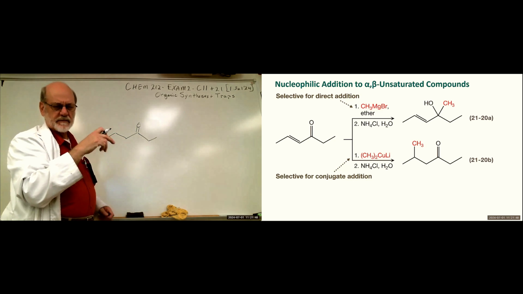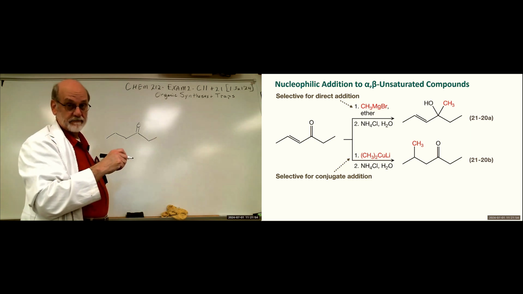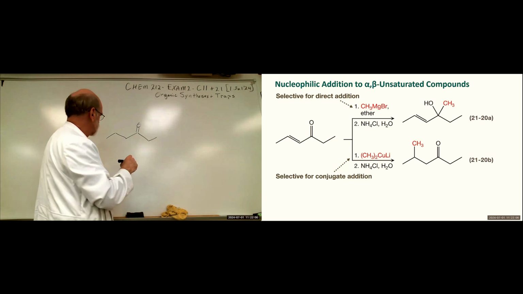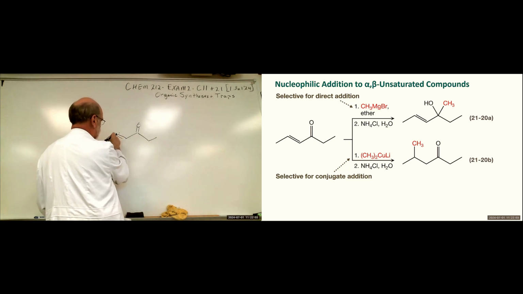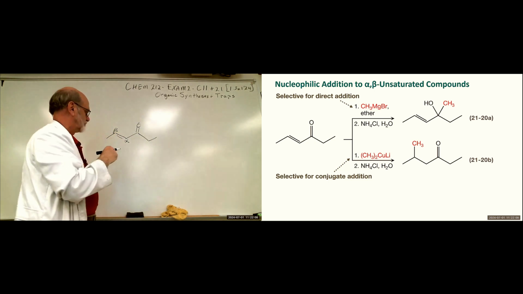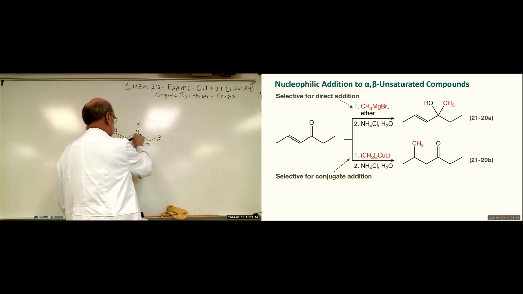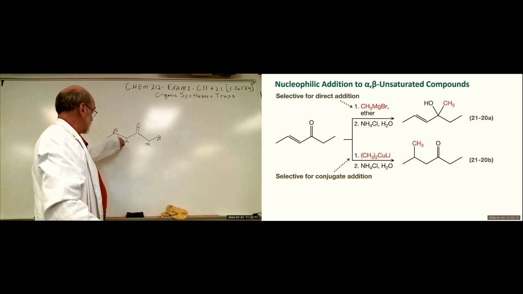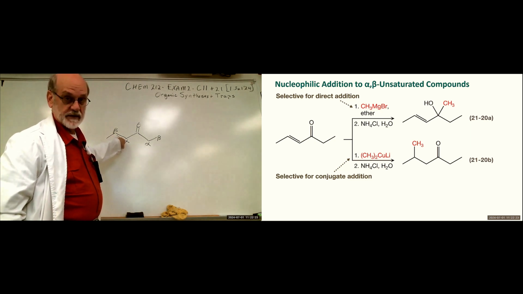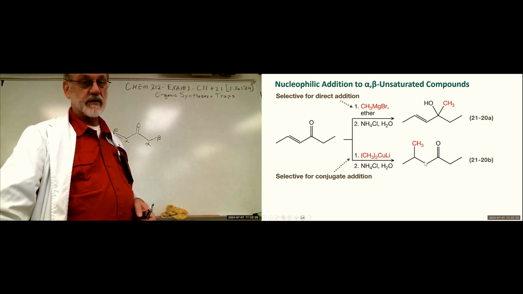But if we use the lithium, actually copper and lithium, then we get a substitution here. So this is the alpha and this is the beta. This would be an alpha, and this would be the beta relative to that. But this one has a pi bond involved. All right, so this is the selective reaction site for the lithium-based compound versus the Grignard.